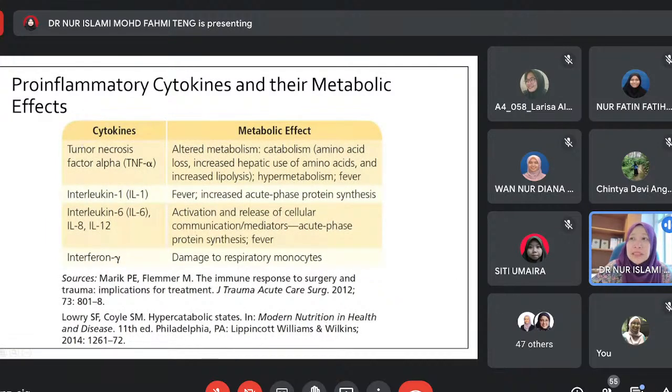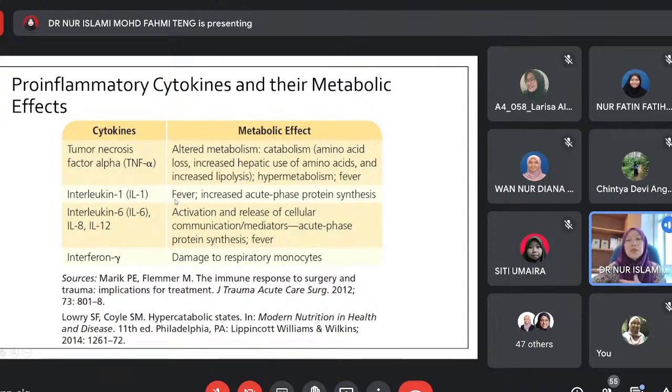So when there is increase in the TNF alpha, it indicated that there is altered metabolism, and also catabolism such as amino acid loss, increased hepatic use of amino acid, and also increased lipolysis. And so hypermetabolism, it will indicate a fever. So you know that when there is a TNF alpha increase, that might be indication that the patient will experience all of this. So when there is increase in IL-1, there will be fever.